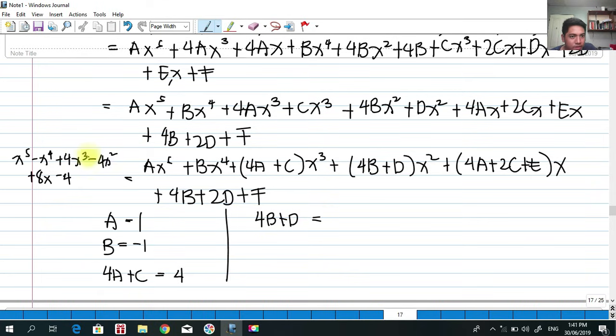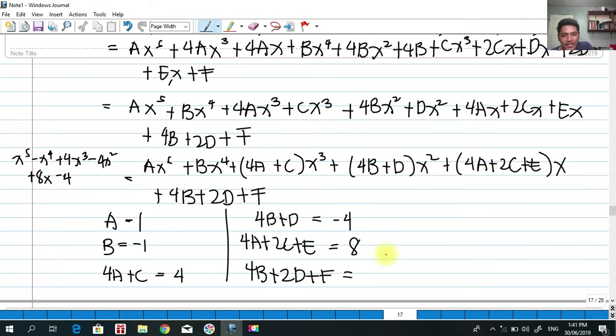The coefficient is negative 4. For 4a plus 2c plus e with an x here, the coefficient is 8. So that should be equal to 8. And lastly, 4b plus 2d plus f is equal now to, do we have a constant? Yes, that is equal to negative 4.